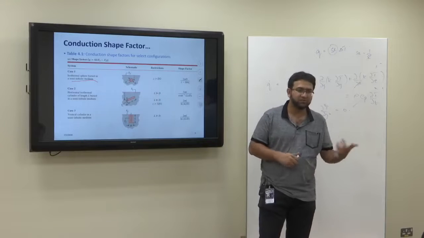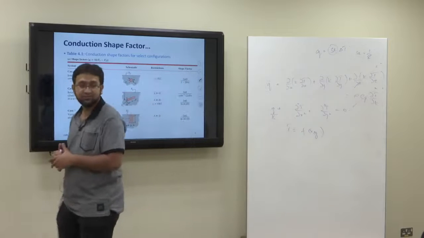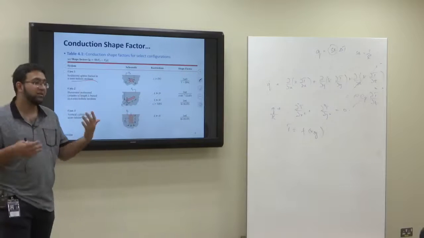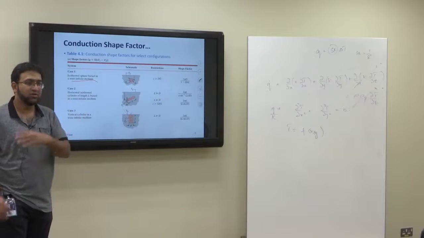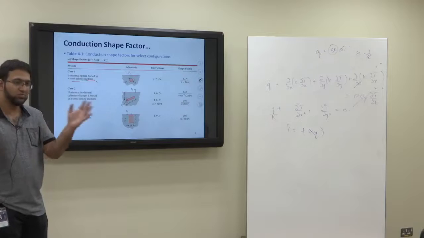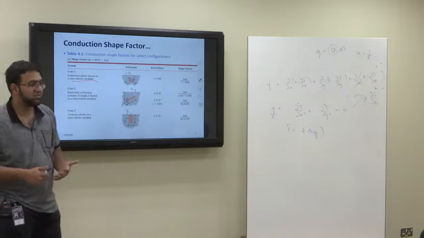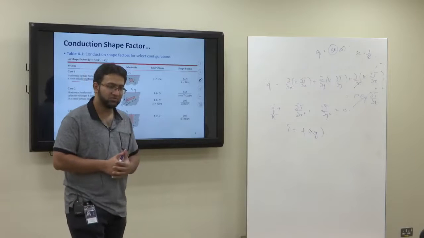So it's kind of a semi-infinite medium. So heat transfer could be approximated from the ball. Let's say the ball is hot and the water is at a different temperature. So heat will be transferred from the ball to the outside water, and this heat transfer could be approximated as two-dimensional heat transfer.